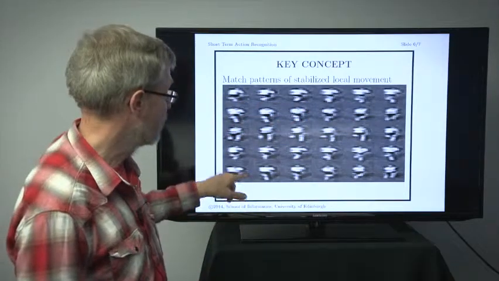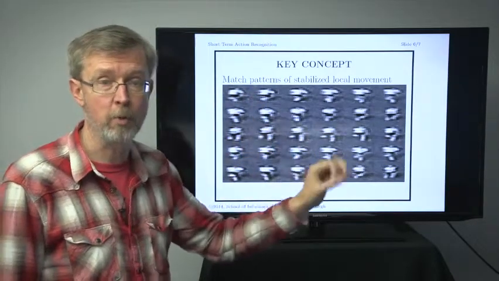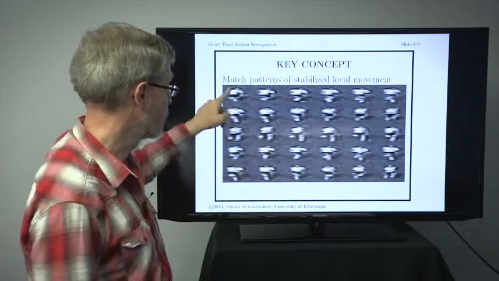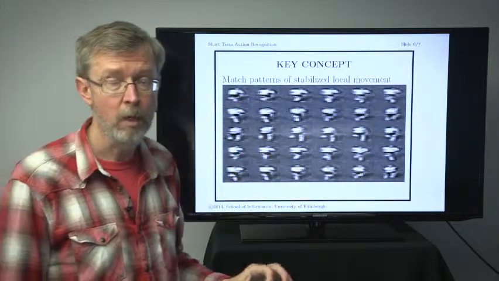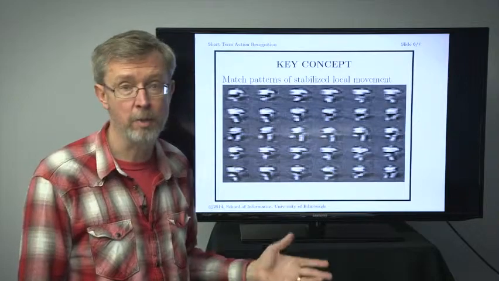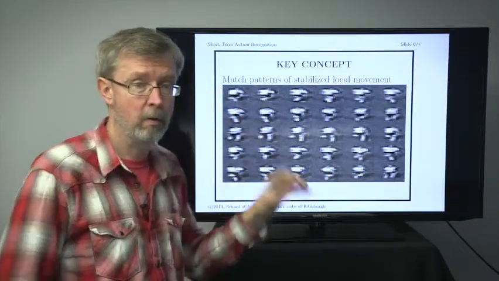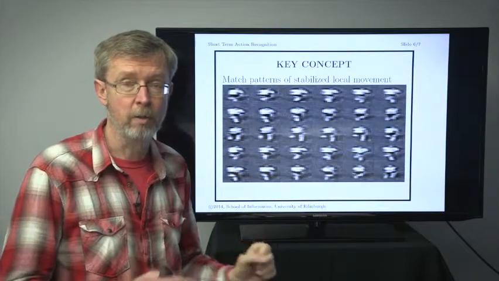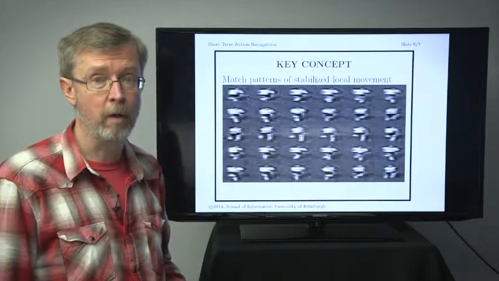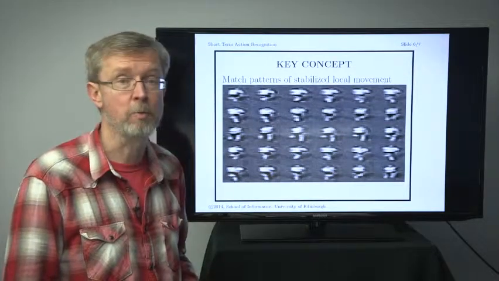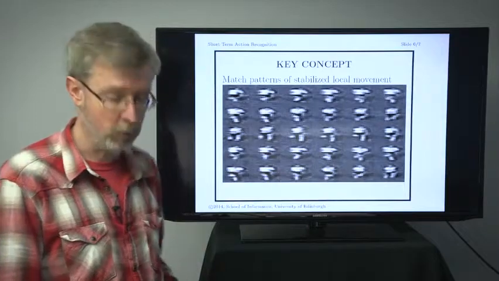But in each of these, we've taken away the background motion, effectively the motion of the person against that background, and now we can just look at the motion of the person themselves. So that's going to be the key to our analysis, looking at patterns of behavior, of action, relative to the target itself. And we're going to look at a way of representing those patterns and a way of matching those patterns coming up in a future lecture.